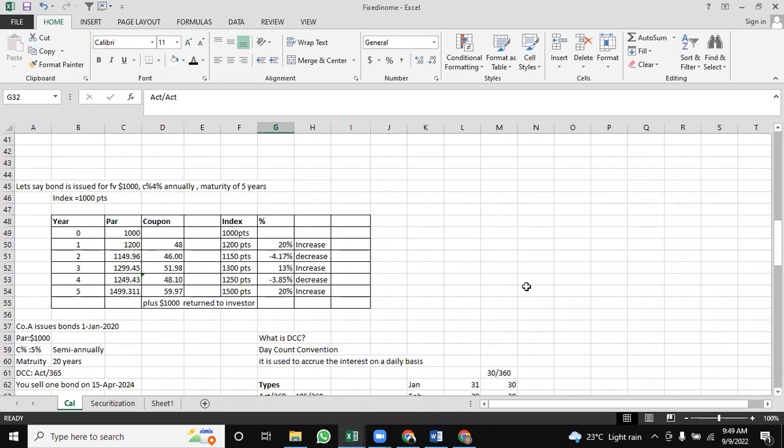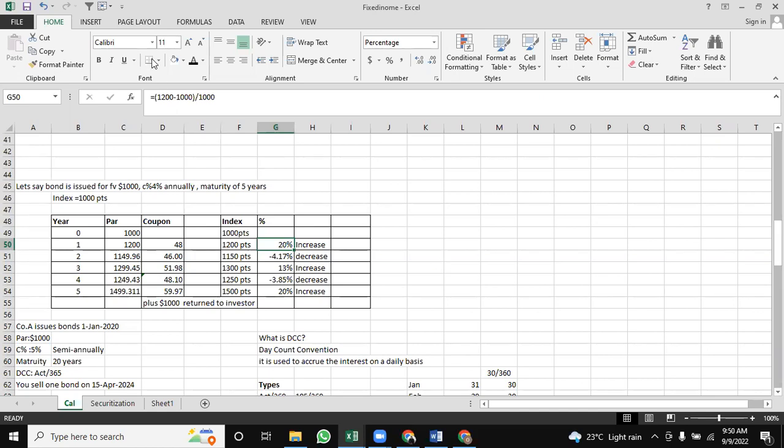Now, let's say in year one, ideally, when you receive the coupon, you're supposed to get 4% of 1000, correct? But since this is an inflation index bond, let's say the index went from 1000 points to 1200 points, which is a 20% rise, isn't it?